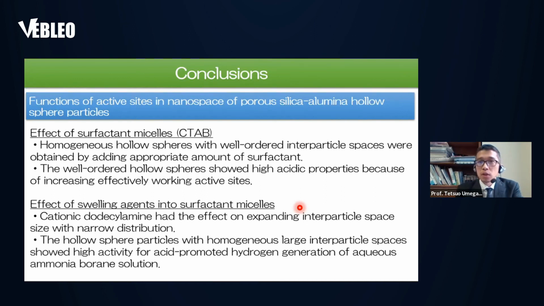The effect was enhanced by adding a swelling agent into the surfactant micelles; especially a cationic amine had a significant effect on expanding the interparticle space size at the nano scale and improved the activity for acid-promoted hydrogen generation from aqueous ammonia borane solution.